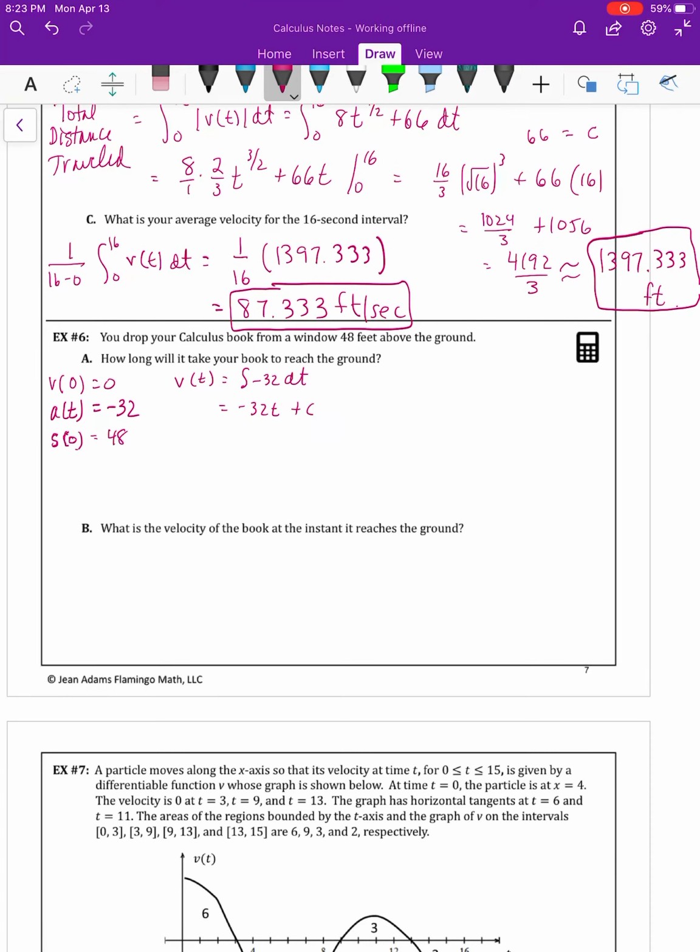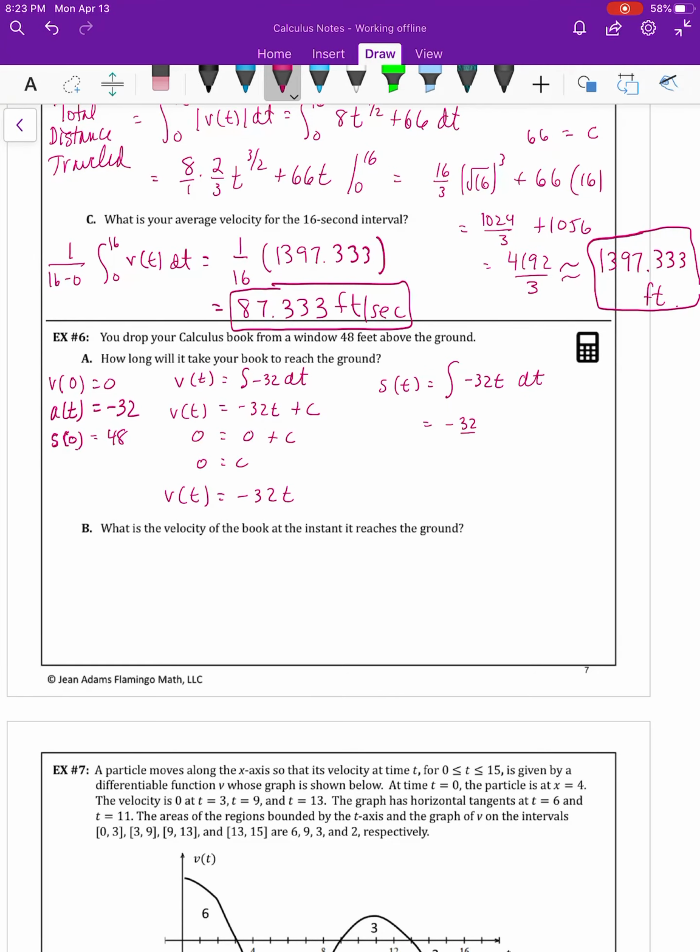So your velocity function is going to be found by integrating your acceleration. So this is going to be negative 32t plus c, right? And since we knew that our initial velocity was 0 at 0, our c is 0. So actually our velocity function is just negative 32t.